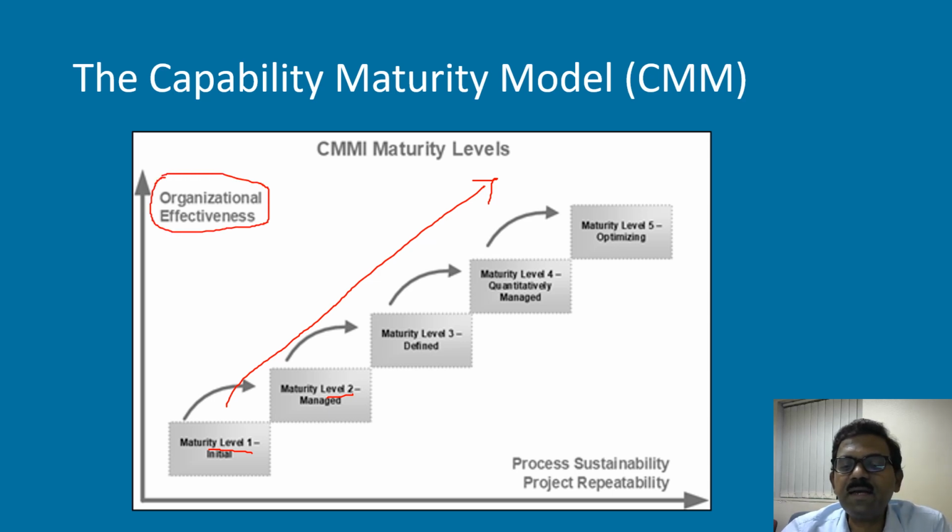As I said, organizations at lower maturity levels, 1 and 2, can't handle very complex projects. They are at the initial stage where the team is not so qualified or mature enough to handle the nitty-gritty and complexity of the project. That is organizational effectiveness.